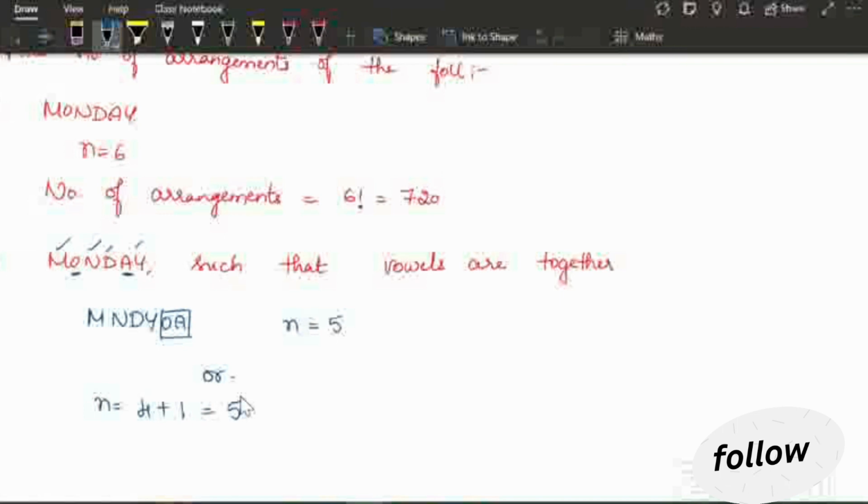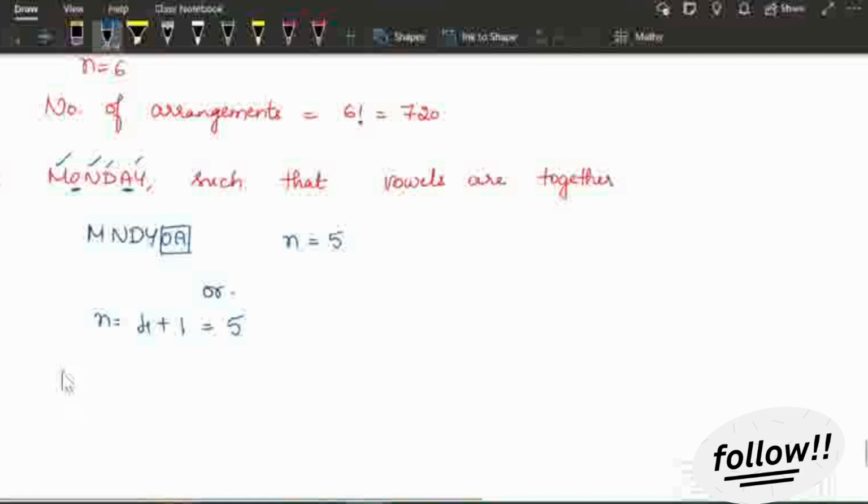So either you can rewrite and then count, or if some words are lengthy and you don't want to rewrite, then mark the letters that are supposed to be together, count all the remaining letters, and then since all the marked letters are supposed to be together, you count them as one object. So 4 plus 1, 5 is the number of letters.